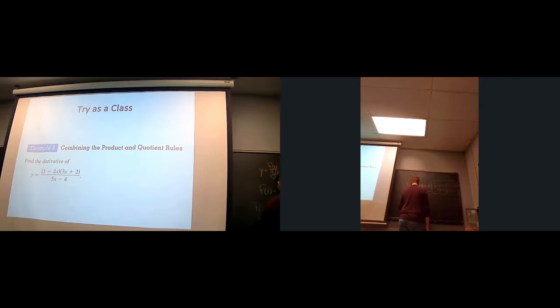Which says, given a function h of x, which is equal to f of x times g of x, the derivative of h of x is going to be equal to g of x times f prime of x plus f of x times g prime of x, right?